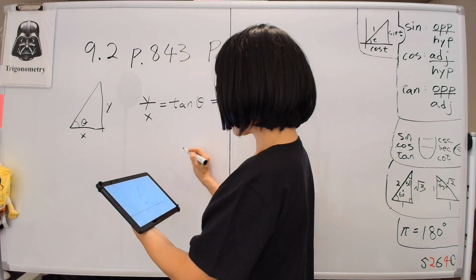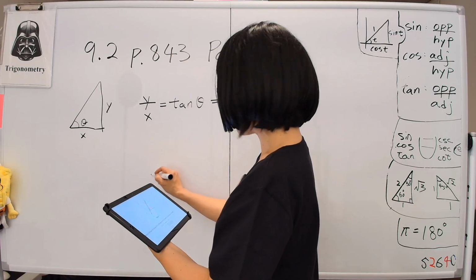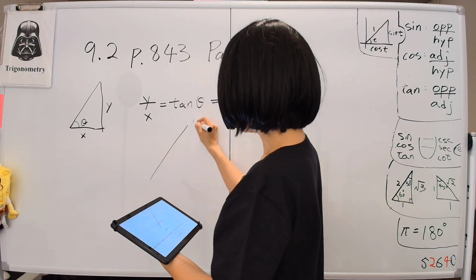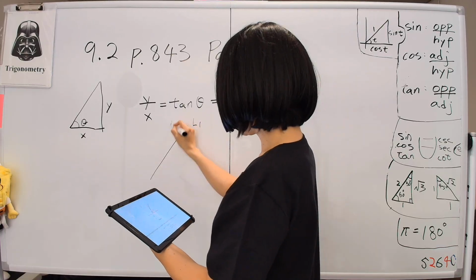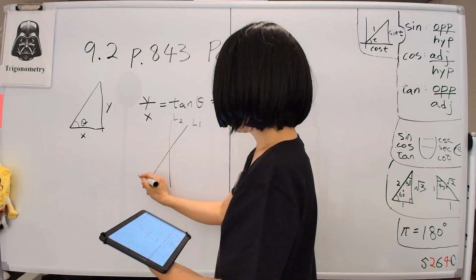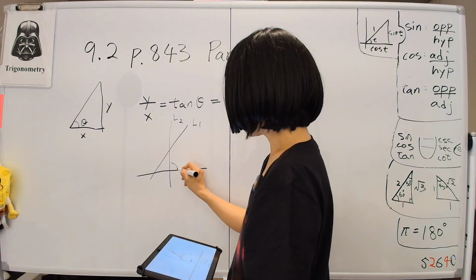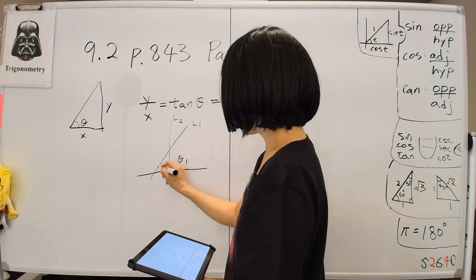What they mean is that we have two lines. I'll draw it like they draw it. We have L1, the first line, and then L2, the second line, and they make various angles with the ground. This is theta 1, and this is theta 2.